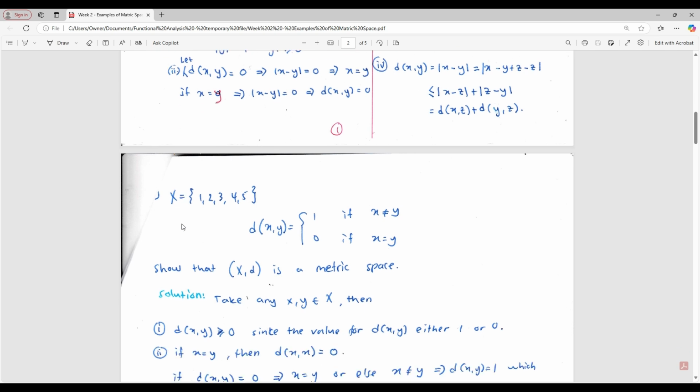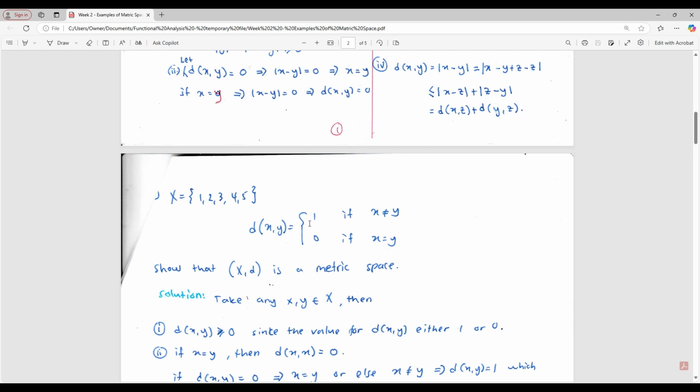So now let us continue with the second example. So this example is much simpler, and the set that we consider is a finite set here, where the set of elements for X is composed of integers from 1 to 5, and the distance between x and y we define as 0, 1 like this.